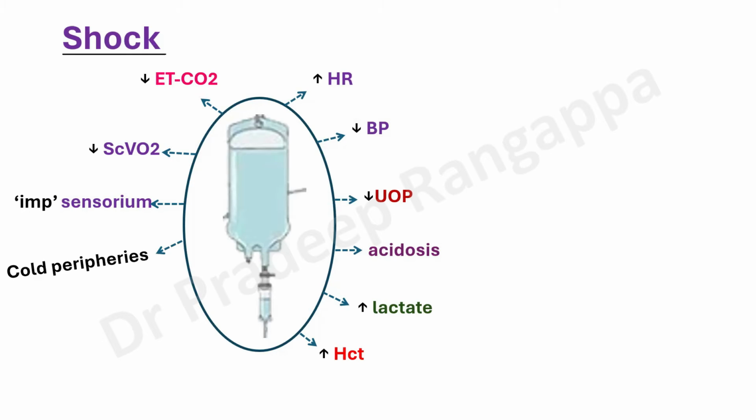And someone having cold peripheries is a marker of shock. In pancreatitis, we look at BUN, blood urea nitrogen, as one of the markers of fluid deficit. So that is also one of the markers of shock. And in dengue, again, we look at liver enzymes going up, and that also is a reflection of shock. Liver enzymes go up because of hepatic ischemia that sets in.